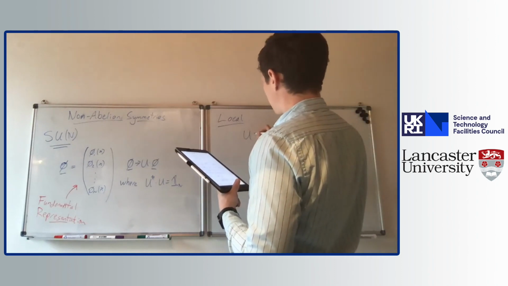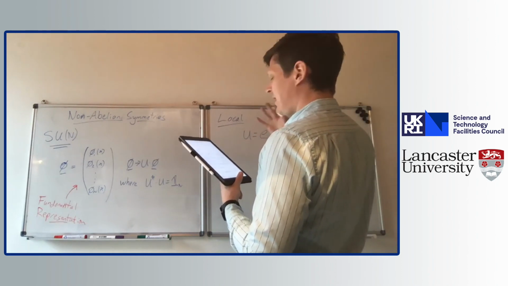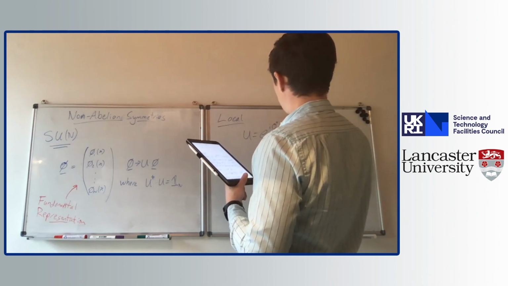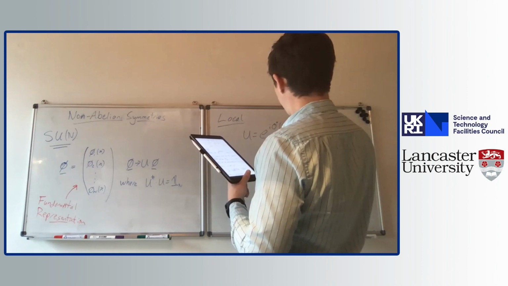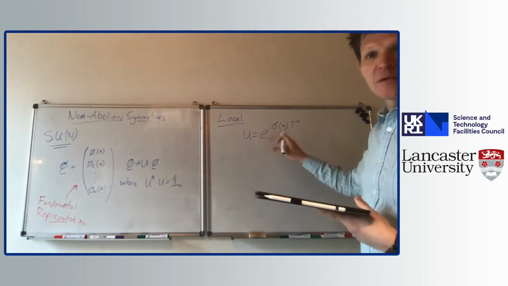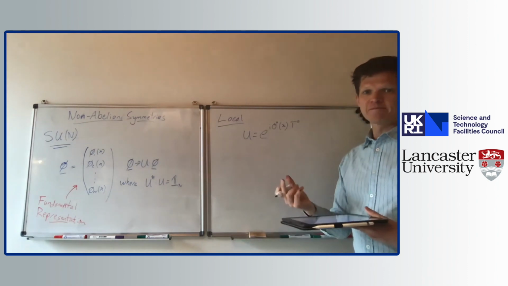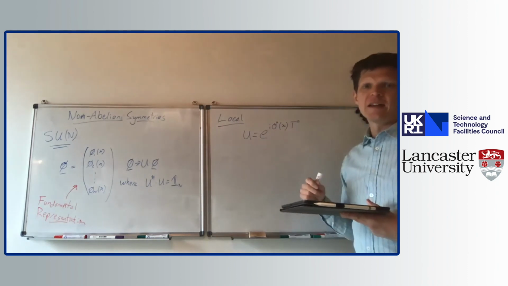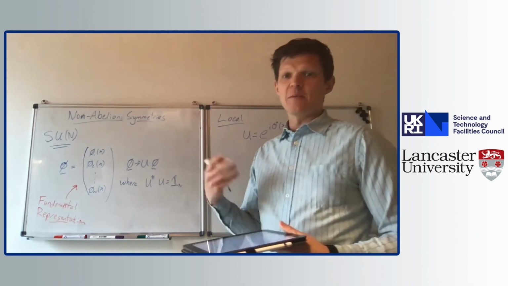It just turns out that the matrix U, we can completely parameterize in terms of objects known as the generators. Last time it was just one field, theta. But now we have a bunch of fields, one for each generator. The number of generators is the same as the number of gauge fields.